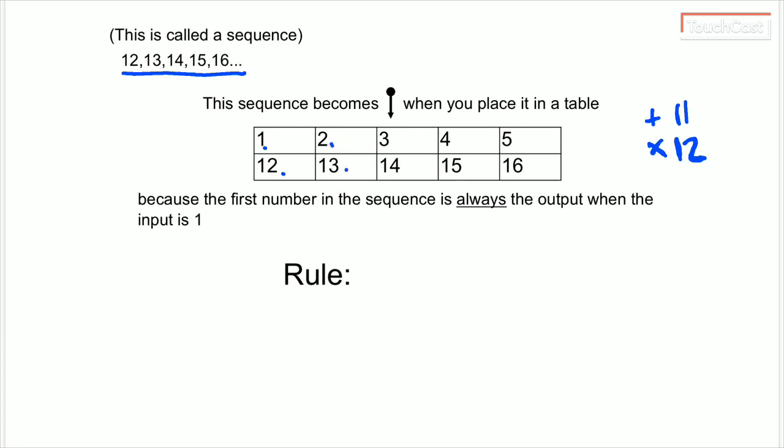If we add 11 to 2, we would get 13. However, if we multiply 2 by 12, that gives us 24. That's not the second number in that table for the output value, so that can't work. So we're adding 11 to the position number, so our rule would be x plus 11.